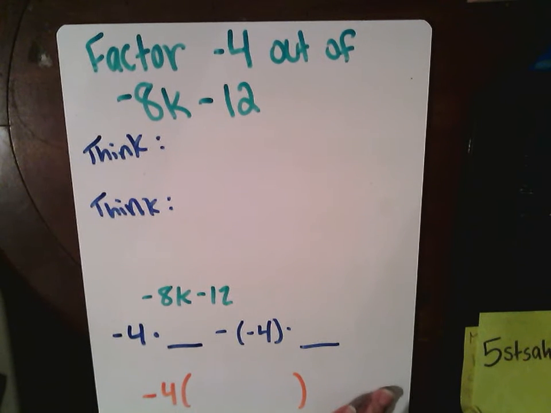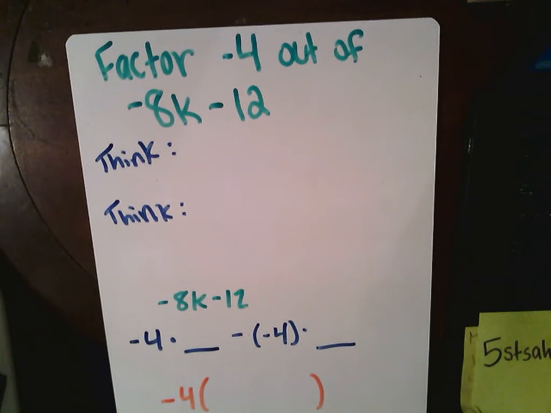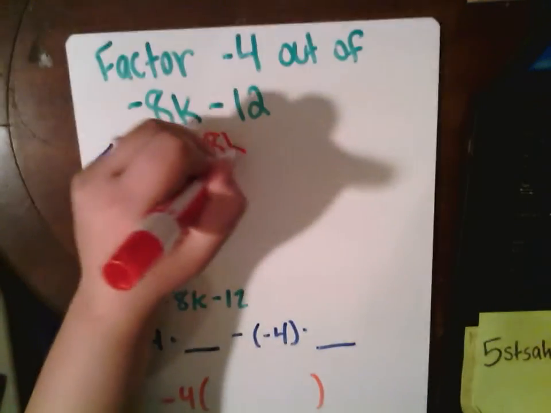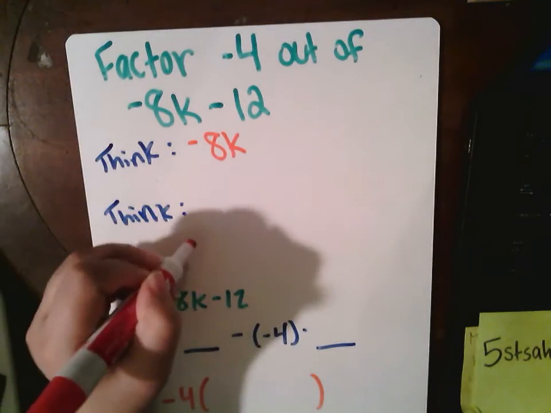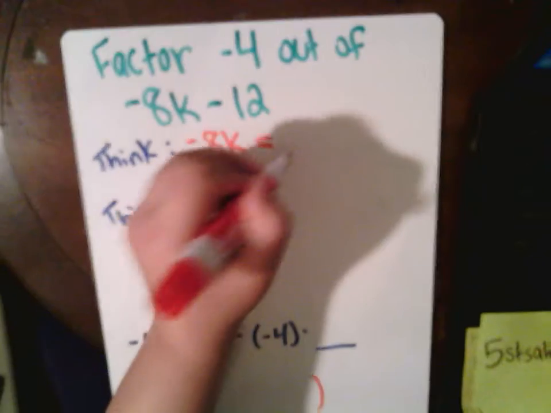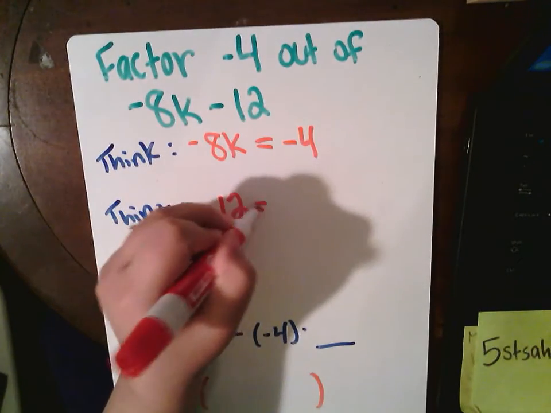Alright. Factor a -4 out of -8k minus 12. So when we think about this, we're going to say our first factor is -8k. Our second factor is -12. I'm factoring out a -4 from both of them.